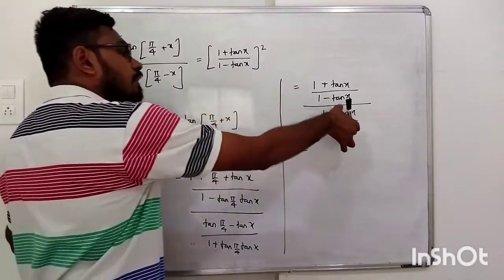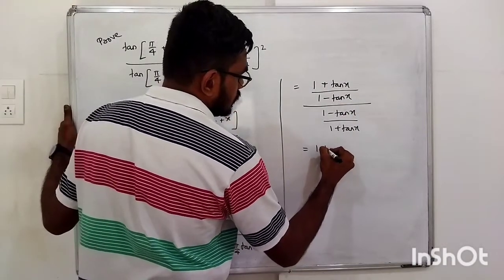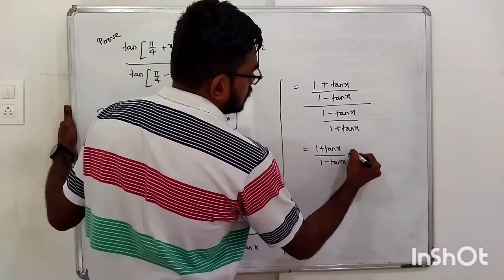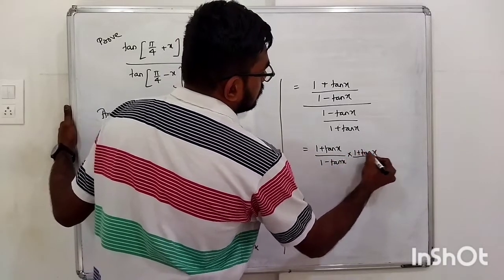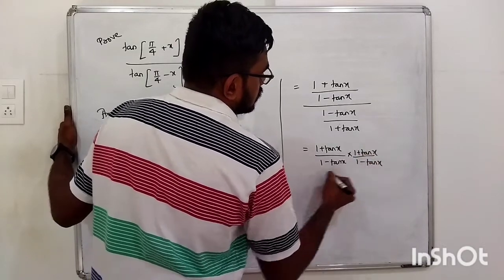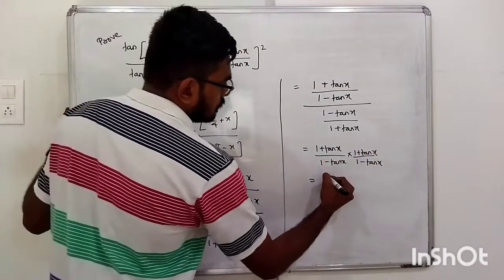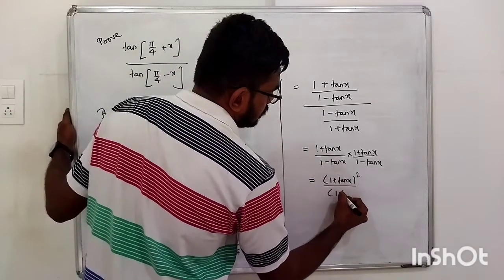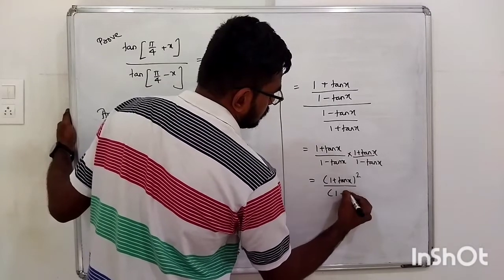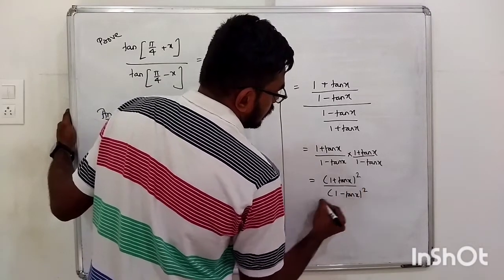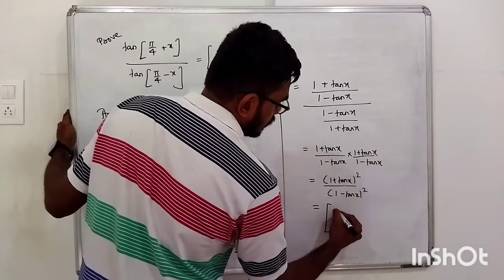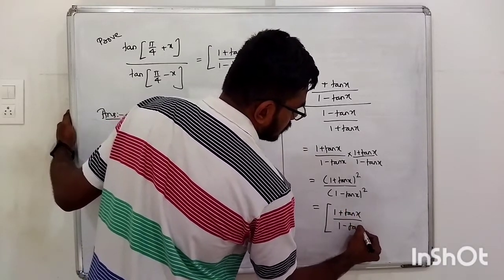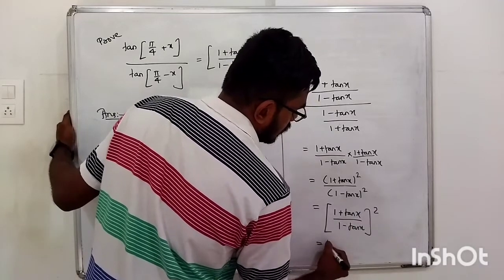So when we take this up, what do we get? (1 plus tan x) upon (1 minus tan x) into (1 plus tan x) upon (1 minus tan x). This is the same as (1 plus tan x) the whole square upon (1 minus tan x) square, that is, ((1 plus tan x) upon (1 minus tan x)) the whole square, which is equal to RHS.